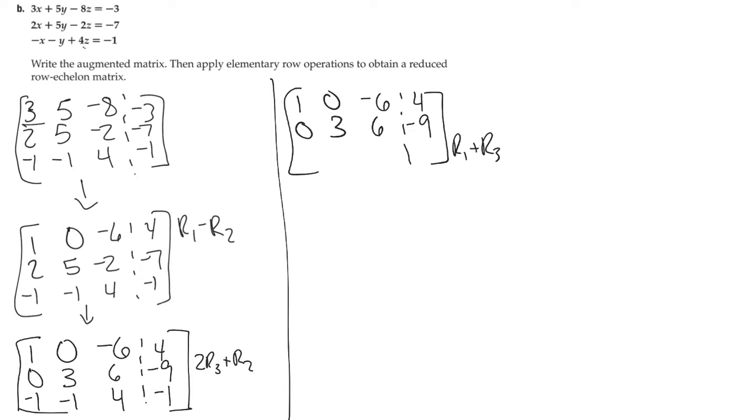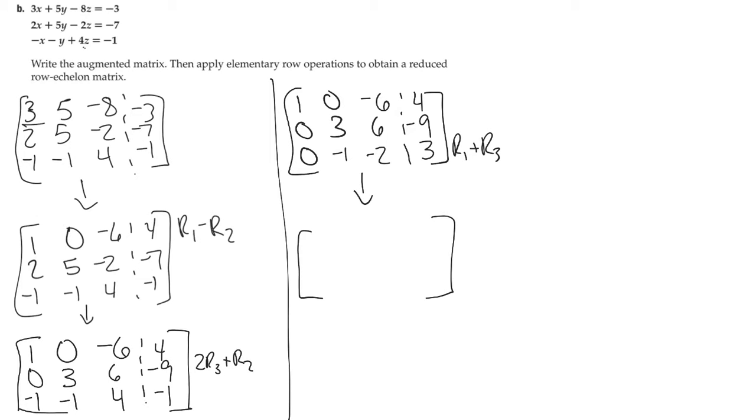Okay, so row 1 plus row 3, that gives me a 0, a -1, a -2, and a 3. Yes, that's right. Okay, making sure I was adding correctly.